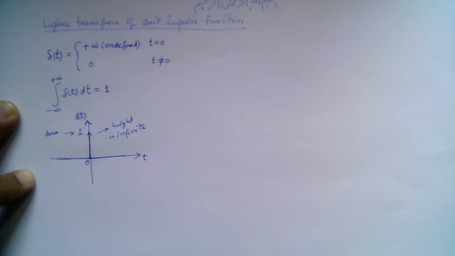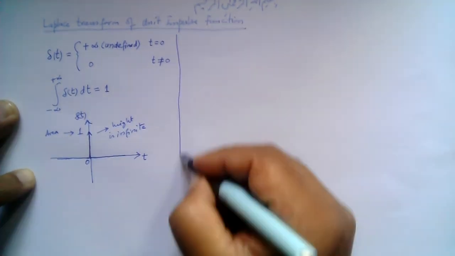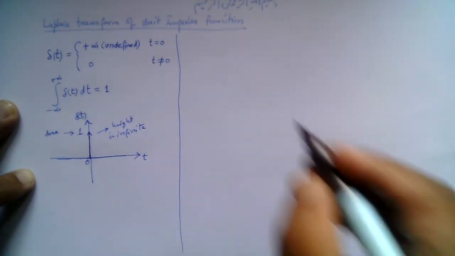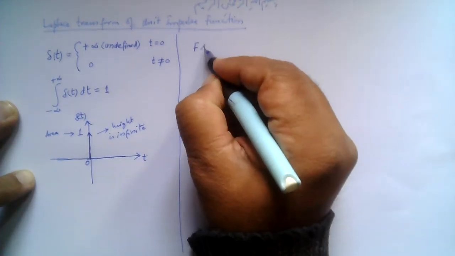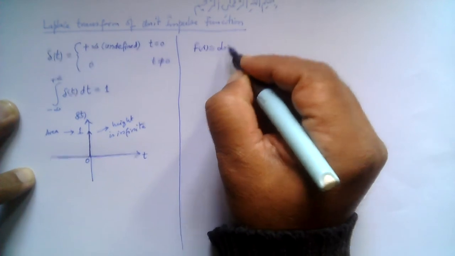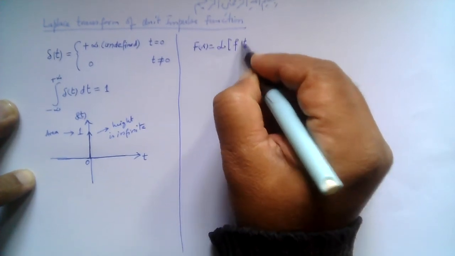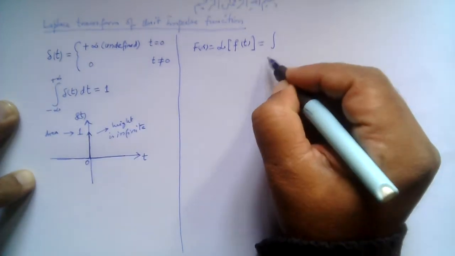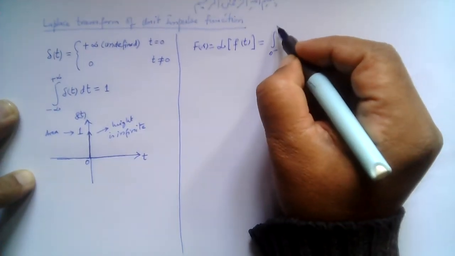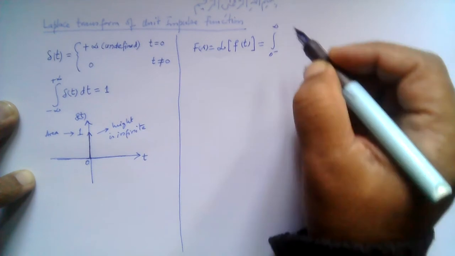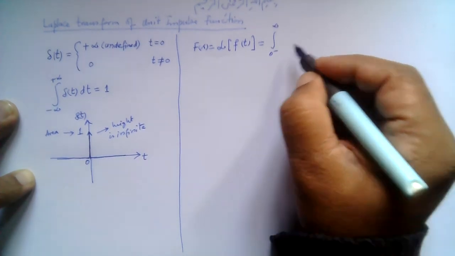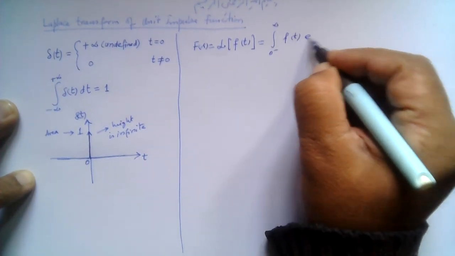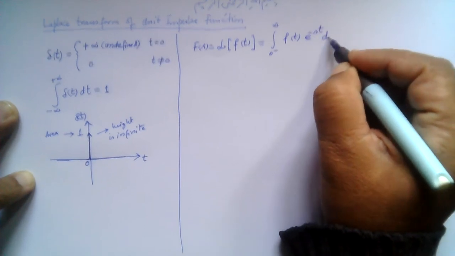And now to the Laplace transform. So the Laplace transform, which is a function of s, of any function f of t, is defined as, this is the single-sided Laplace transform, from 0 negative to infinity f of t e raised to the power minus st dt.